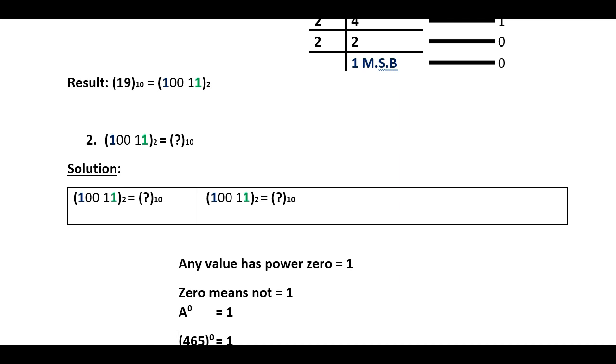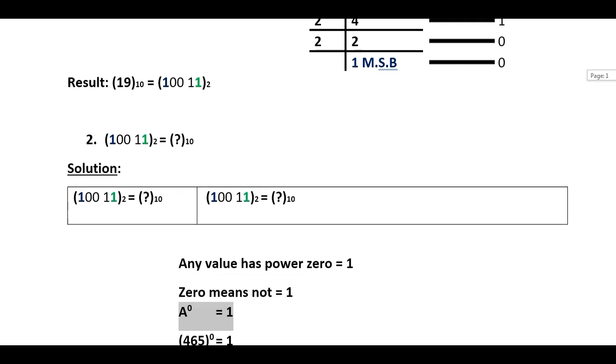The important concept here: any value to the power 0, the result is 1. Like a to the power naught, the result is 1.